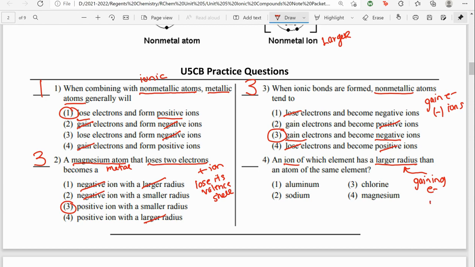And then from there, you would have to realize, in order to gain electrons and form this larger radius, I must be looking for a nonmetal. And then using your periodic table, you would go through, identify each as metal or nonmetal. So remember your metals like aluminum, sodium, and magnesium are all to the left of the staircase. And then your nonmetal is going to be chlorine, which is over on the right-hand side of the staircase. So this one will also be choice 3.